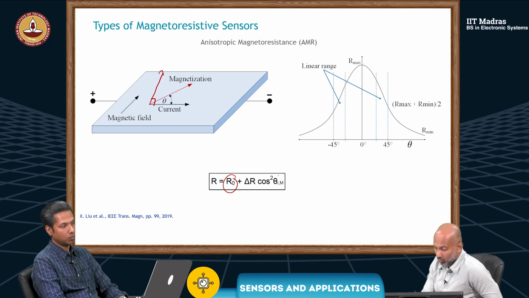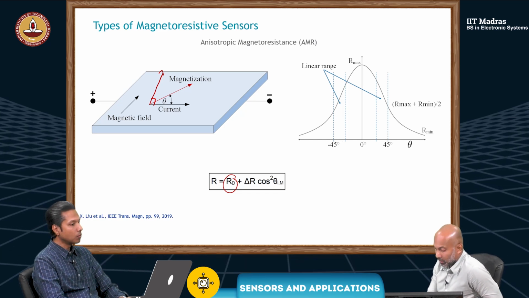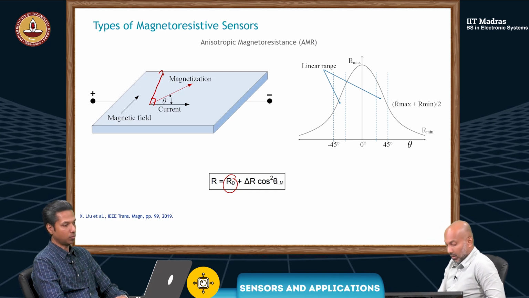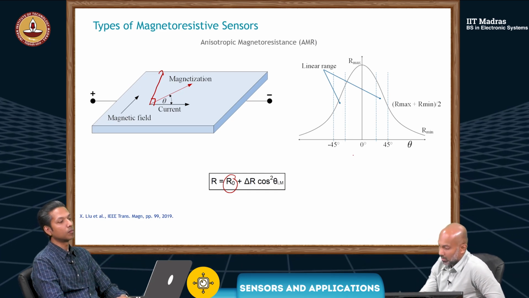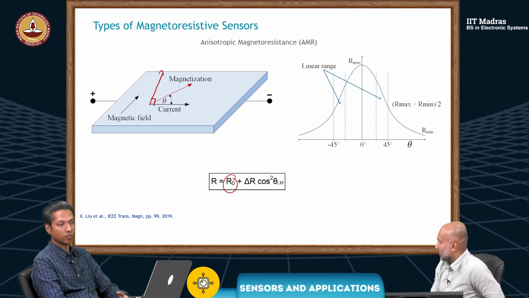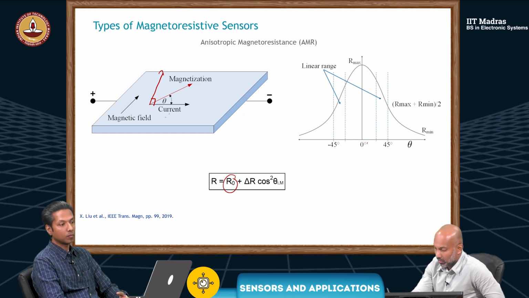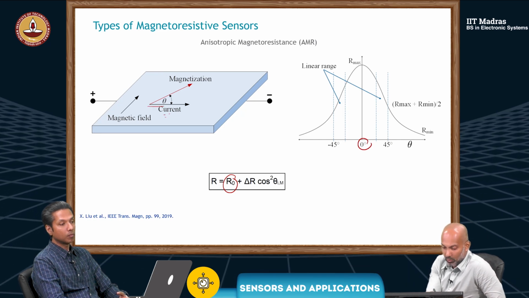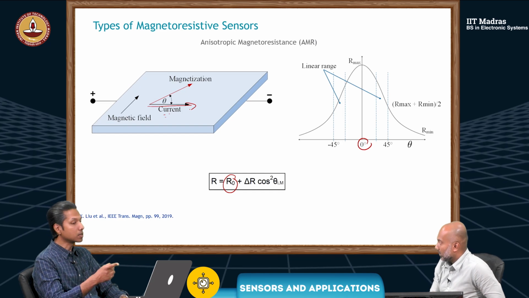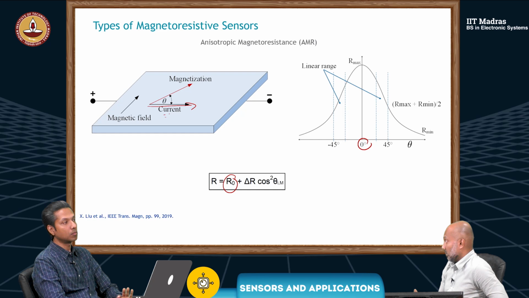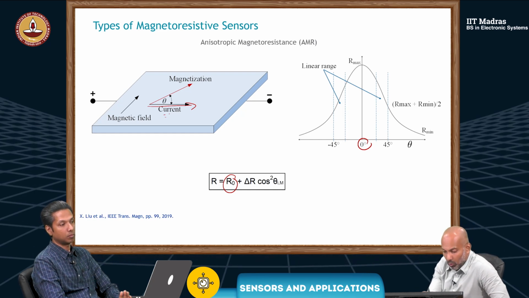If you look at this equation, R0 plus delta R cos squared theta. Now, if you draw a graph, this is your resistance, and this is the angle between the current and the magnetization. When the magnetization is parallel to the current, the resistance is maximum, because the electrons scatter more.